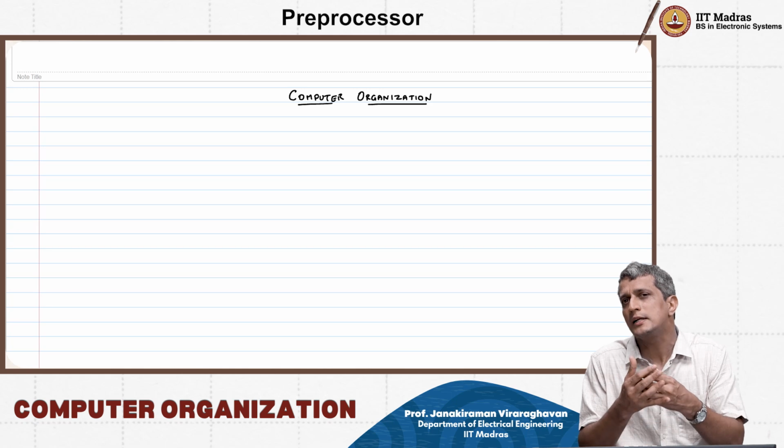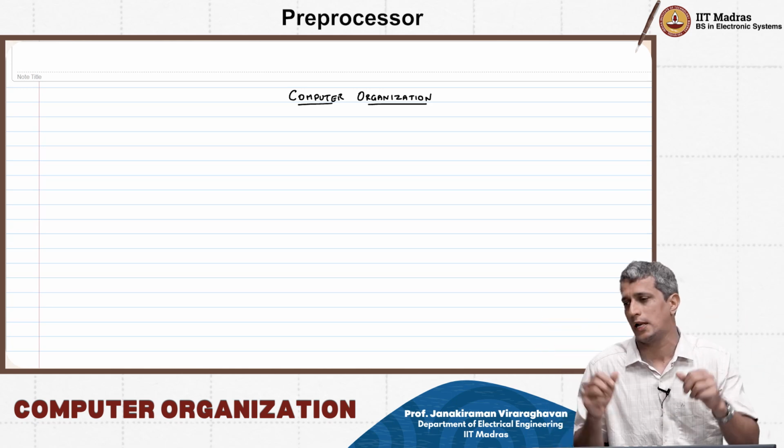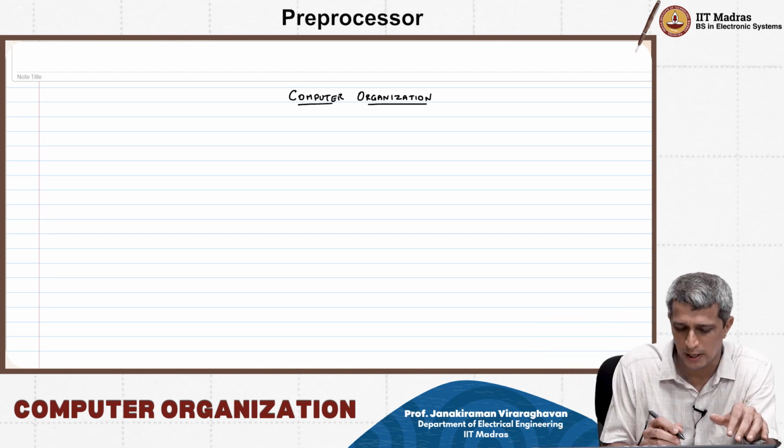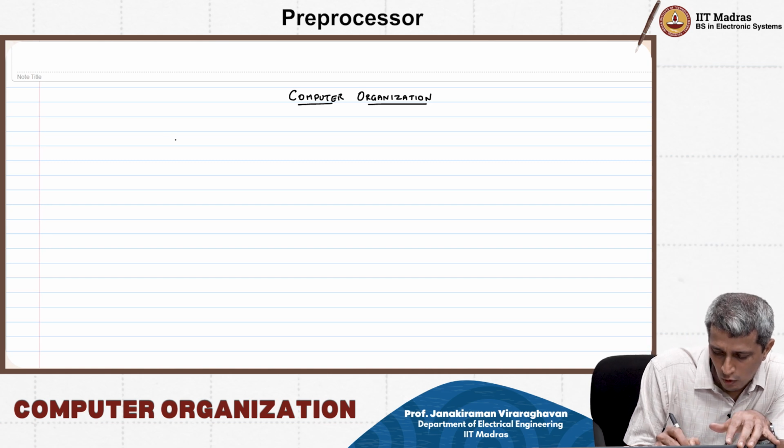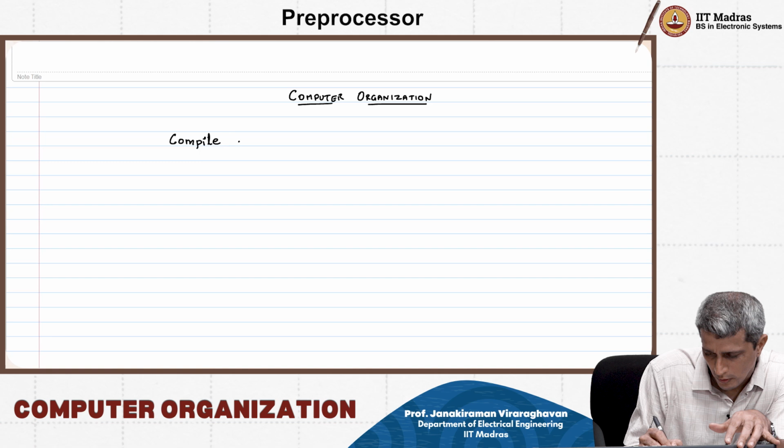So before we get into the core part of section 1, I thought it is important for us to understand this word compile. We use this word quite a bit, as in compile a C program.